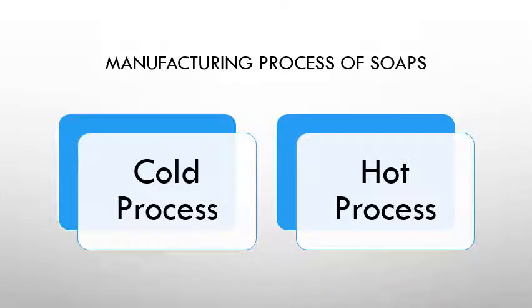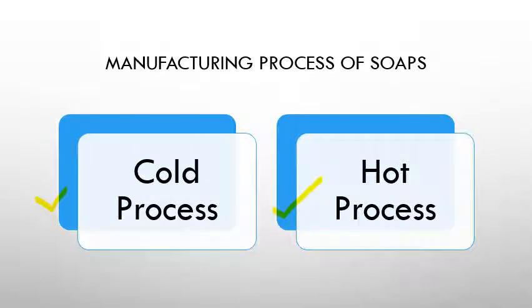Now we come to the manufacturing process of the soap. The manufacturing of soap can be divided into two types. One is the cold method or cold process, and the second one is the hot process.